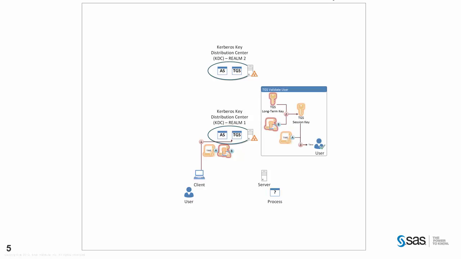As normal, the ticket granting service decrypts the ticket granting ticket B using its long-term key to extract the ticket granting service session key. The ticket granting service then uses the TGS session key to decrypt the authenticator A to validate the user. Now, the ticket granting service looks for the service principal name in the request and discovers that this SPN is not in its realm.